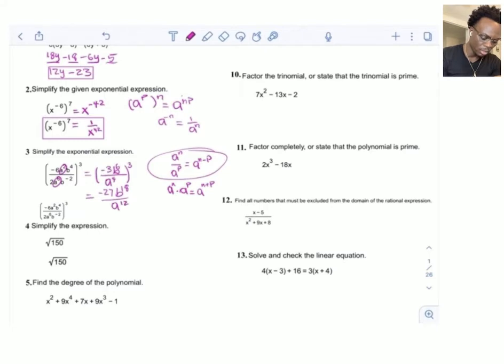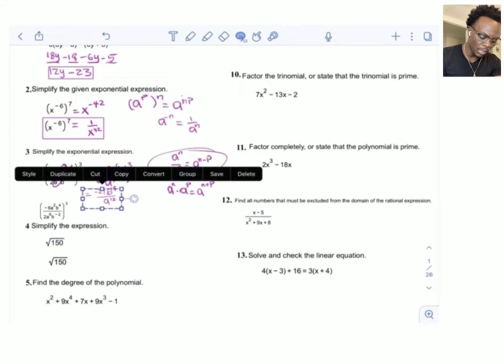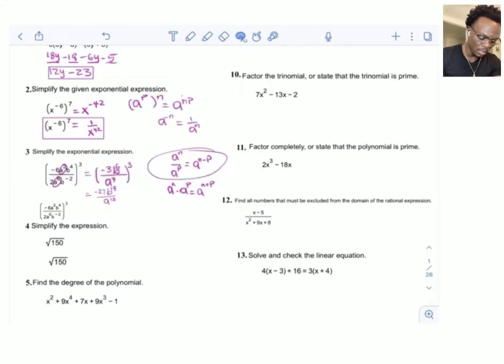So the final answer for this problem is -27, B exponent 18, and A exponent 12.